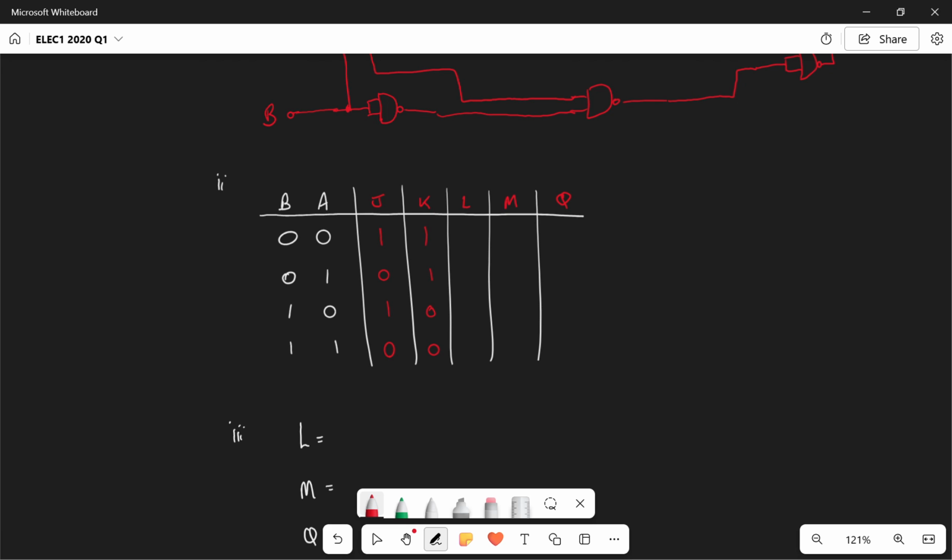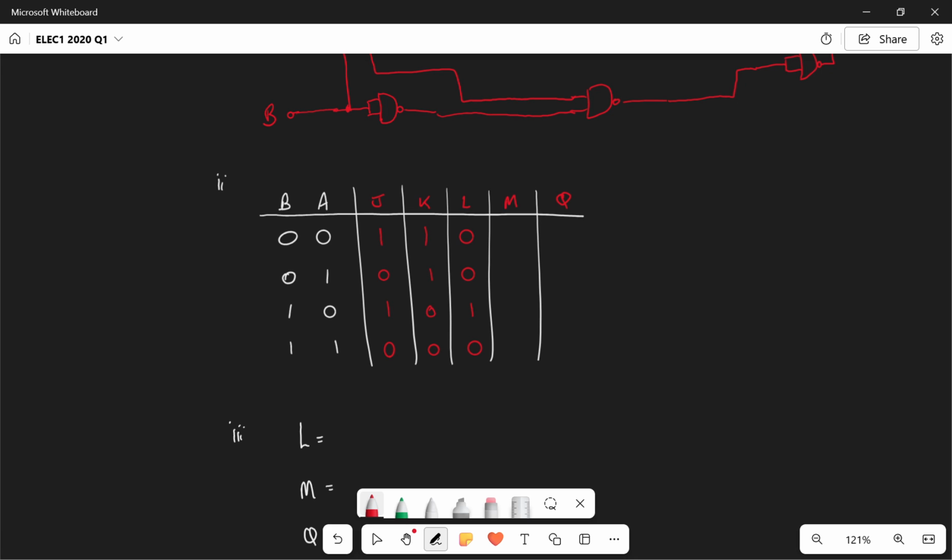Then we look at L. Well, L is the AND of B and J, and so that's going to give us 0, 0, 1, 0. So B and J. So we're looking for 2 highs to be a high output, and all other will give lows.